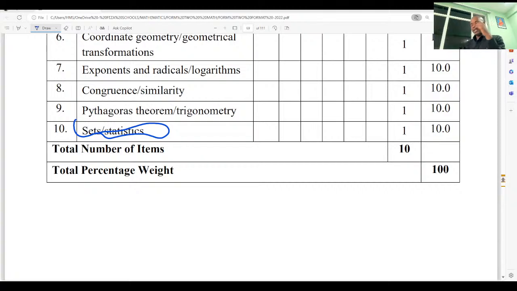So you'll be actually adding these numbers.